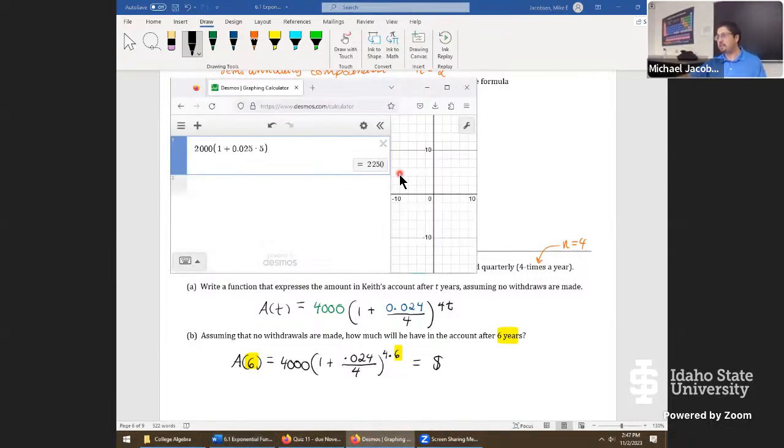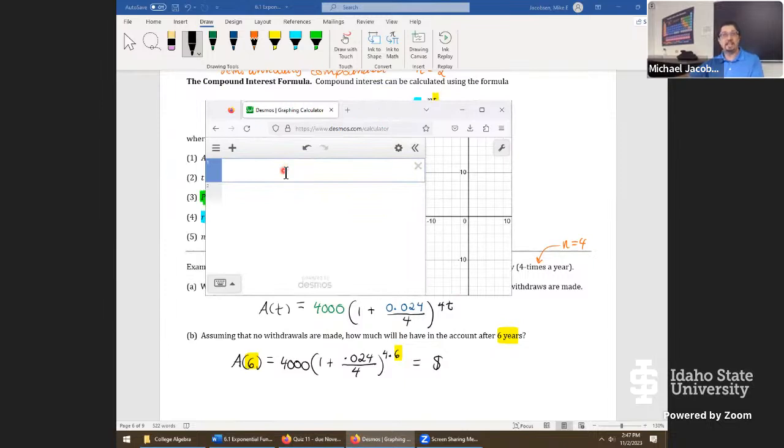So I'll use Desmos calculator just because it's fast and available. And in Desmos, I would type this in as if I really was using a TI-30X IIS. I'd put in 4,000, 1 plus, then 0.024 divide by 4, close the parenthesis, and for the power, this has to be written as 4 times 6.